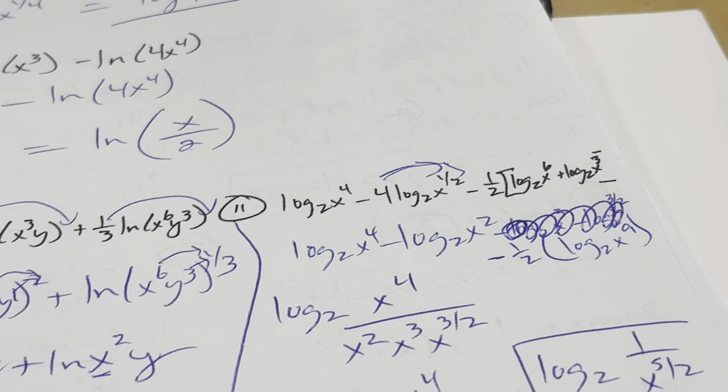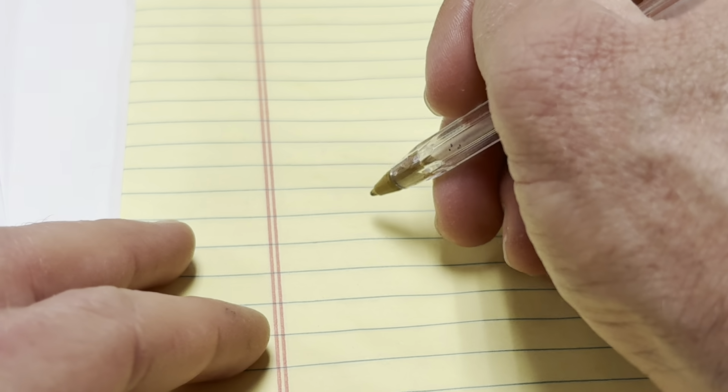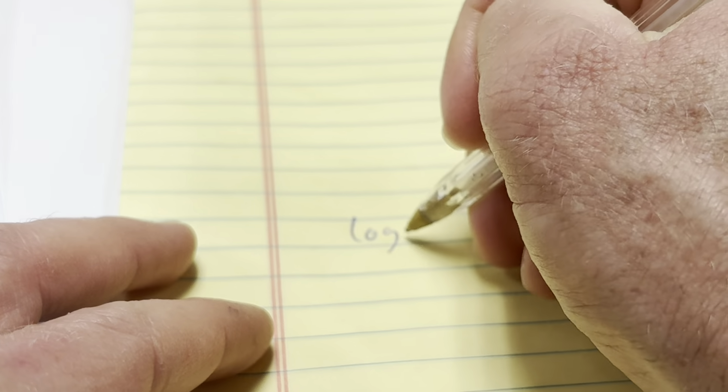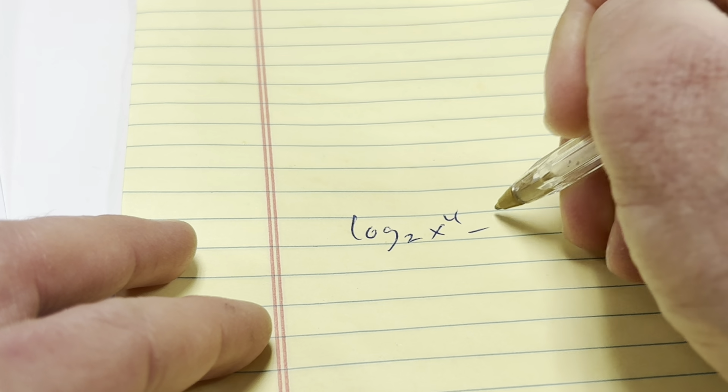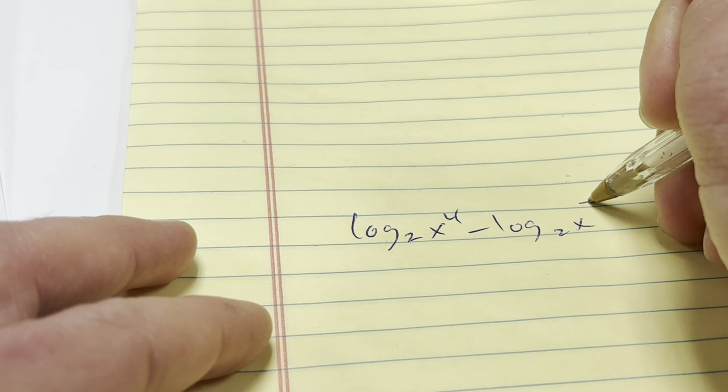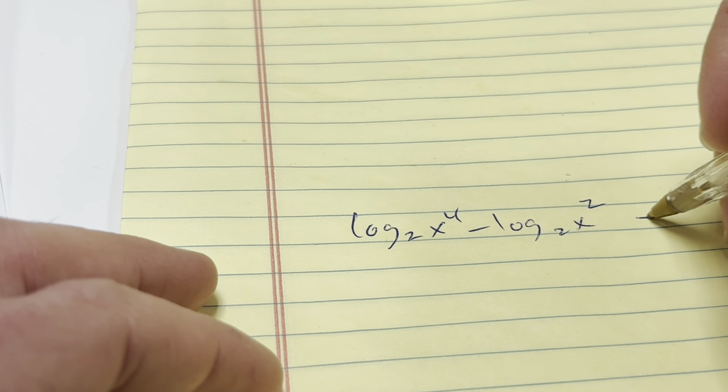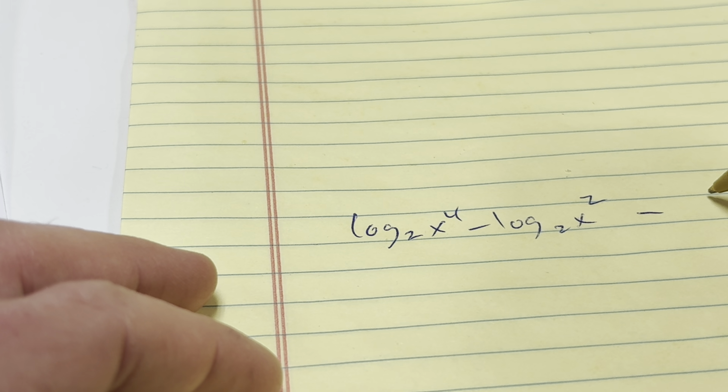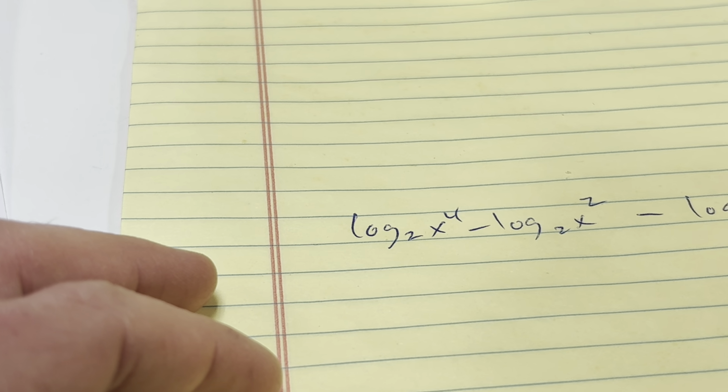So we're actually going to come over here with it. Hopefully we get the same answer as what was emailed to you. But now I'm going to have log base 2 of x to the 4th minus log base 2 of x squared minus, right? So I'm going to bring that 1/2 power up.